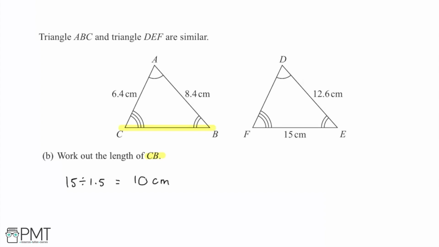We could check that if we were to multiply 10 up by the scale factor, 10 multiplied by 1.5 does give us 15, so this does work in the other direction. So we'd gain the mark for getting the 10 centimetres correct, and for doing this calculation using the scale factor, using that ratio from the previous part of the question.